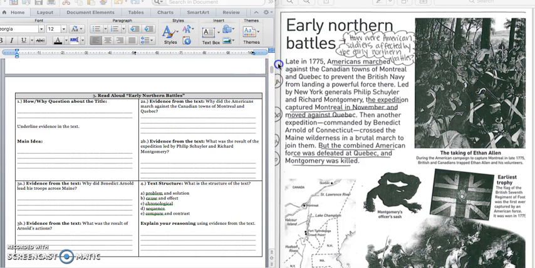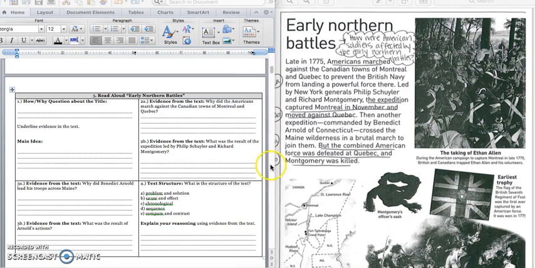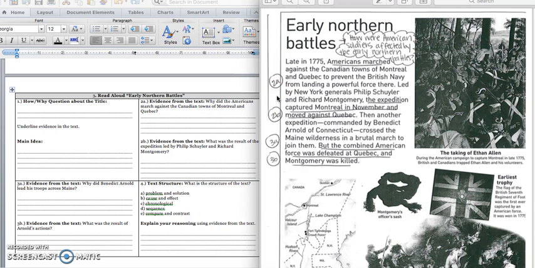Let's read. Late in 1775, Americans marched against the Canadian towns of Montreal and Quebec to prevent the British Navy from landing a powerful force there. Led by New York Generals Philip Schuyler and Richard Montgomery, the expedition captured Montreal in November and moved against Quebec.